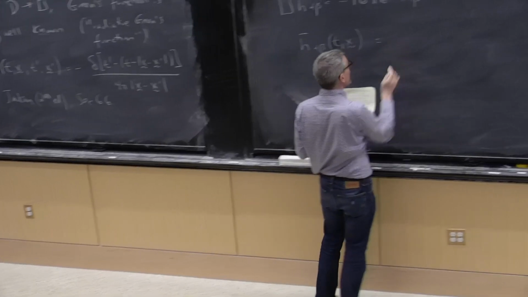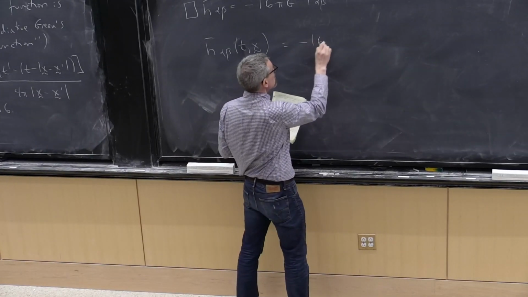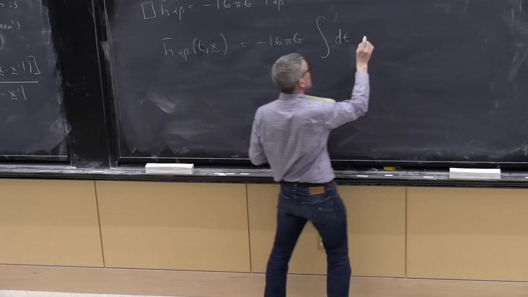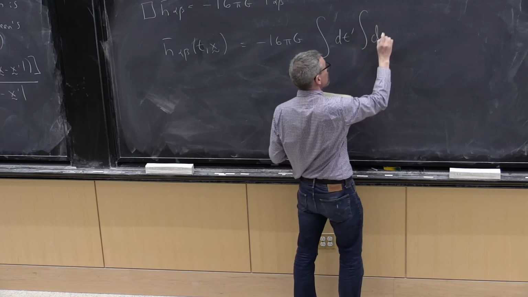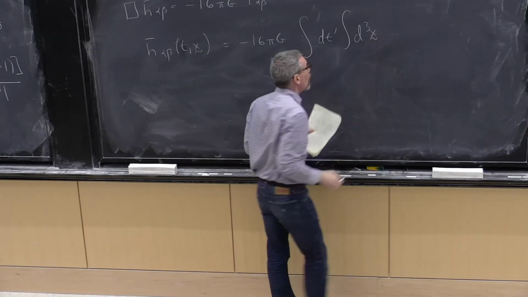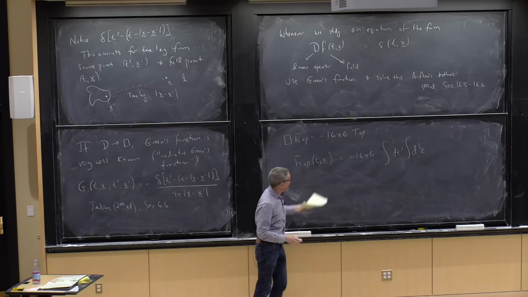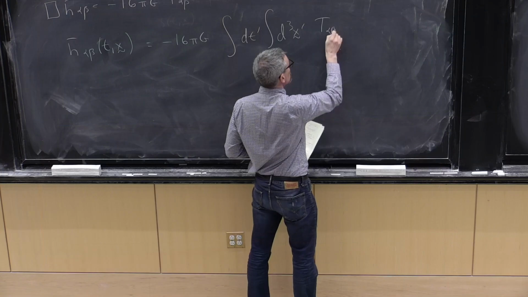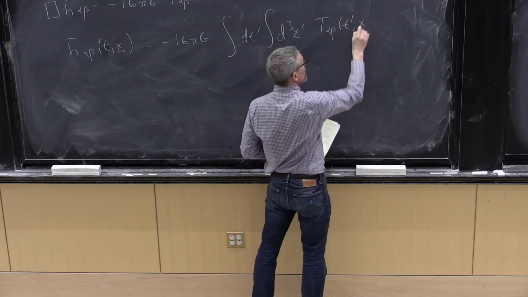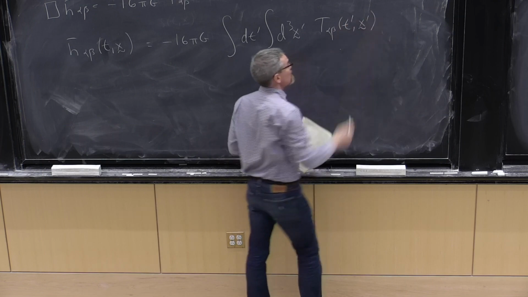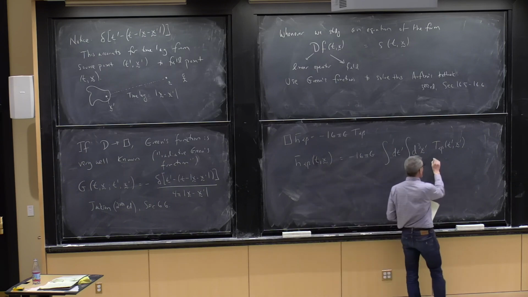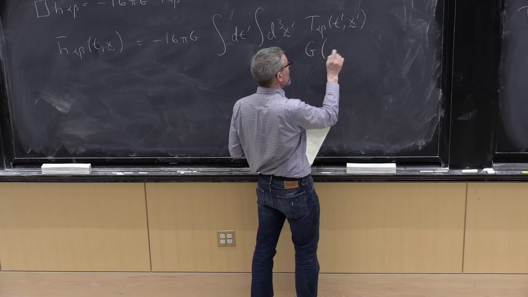So when we solve this, what we need to do is integrate T alpha beta, regarded as a function of prime, time t prime, position x prime, against the radiative Green's function.